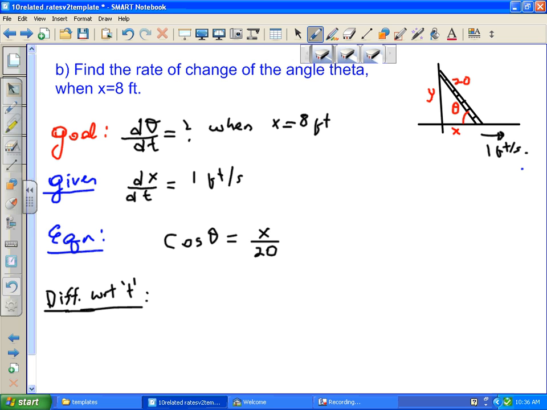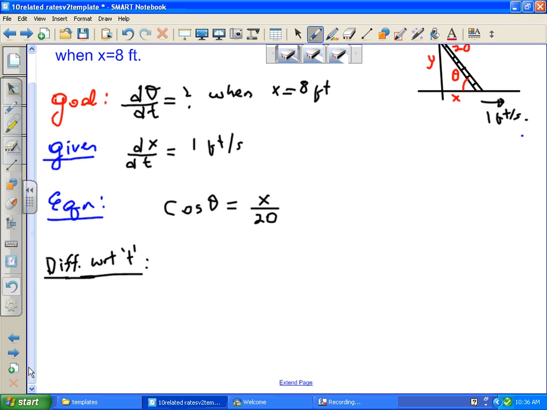Let's think about it. Remember, theta changes with time, right? Theta is a function of time. So what is the derivative of cosine of theta with respect to t? Good start. Negative sine theta times d theta dt.